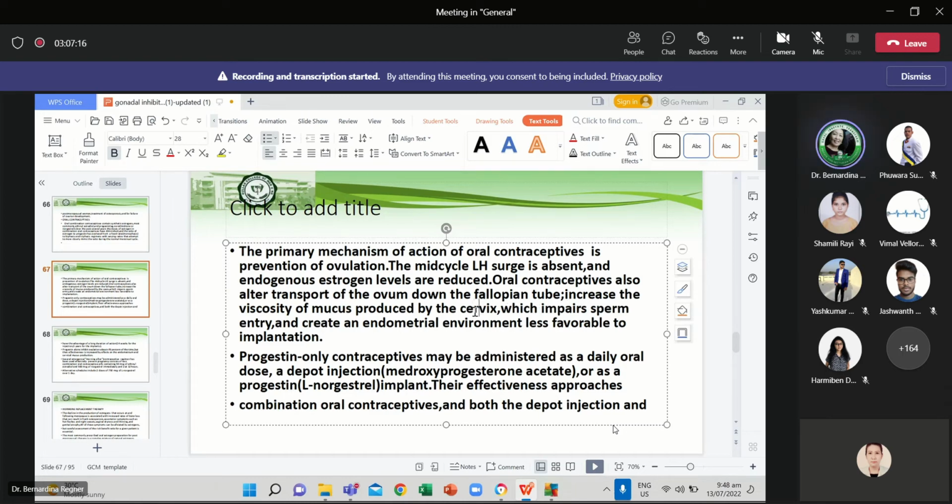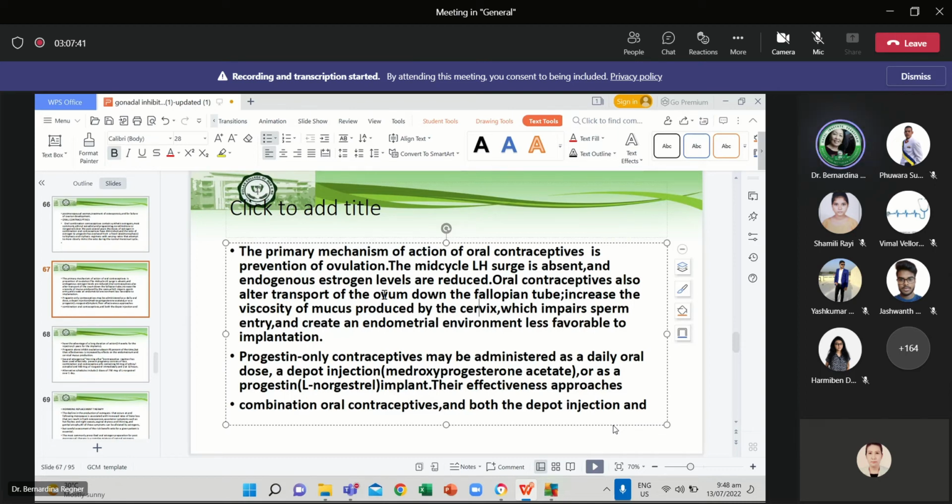Can you relate with that? No? And then alter the transport of the ovum down the fallopian tube. So it will influence now the linings of the fallopian tube. That will make it very difficult for the ovum from the ampulla, as it is catched by the fimbriae during ovulation.